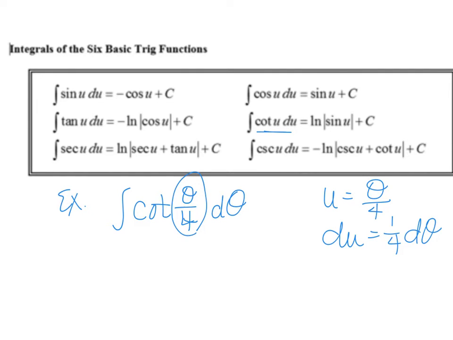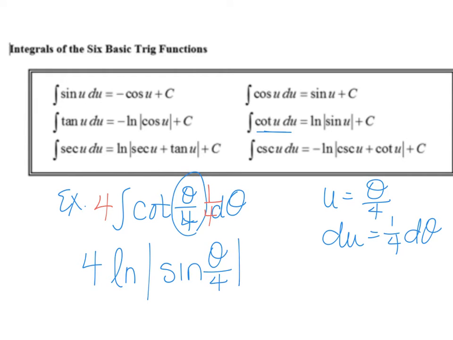Okay, fine. So I'm going to add the 1/4 d theta and a 4 to the outside. So when I go ahead and take the integral of that, I'm going to have 4 times the natural log of the absolute value of sine theta over 4 plus c. And that's how that works.